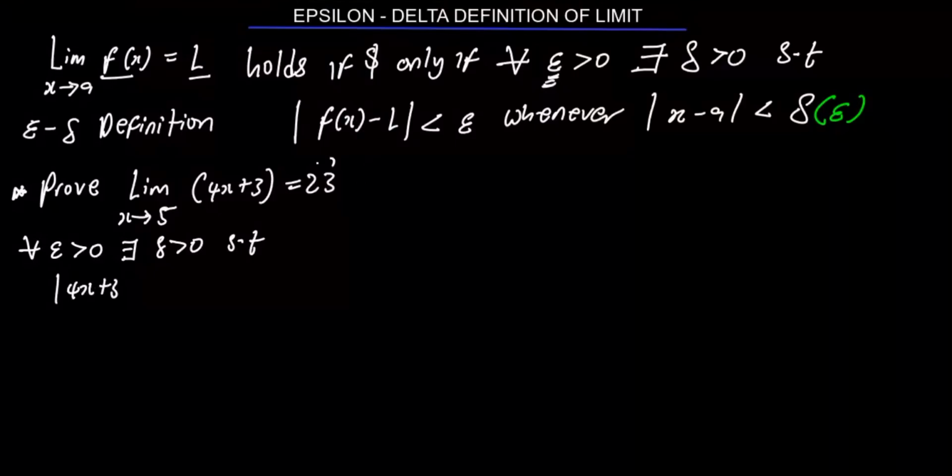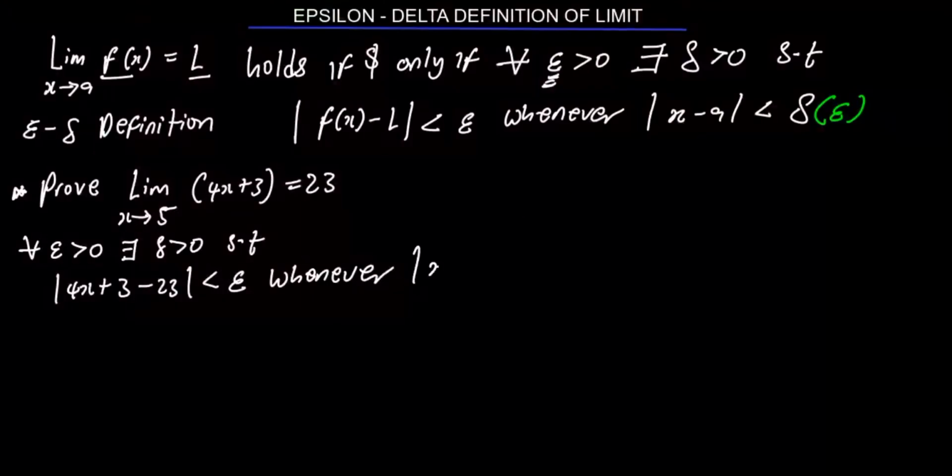Your L is the value of this limit here, which is 23. So the absolute value of 4x plus 3 minus 23 is less than epsilon whenever the absolute value of x minus a, where a is 5, is less than delta, and delta must be a function of epsilon.